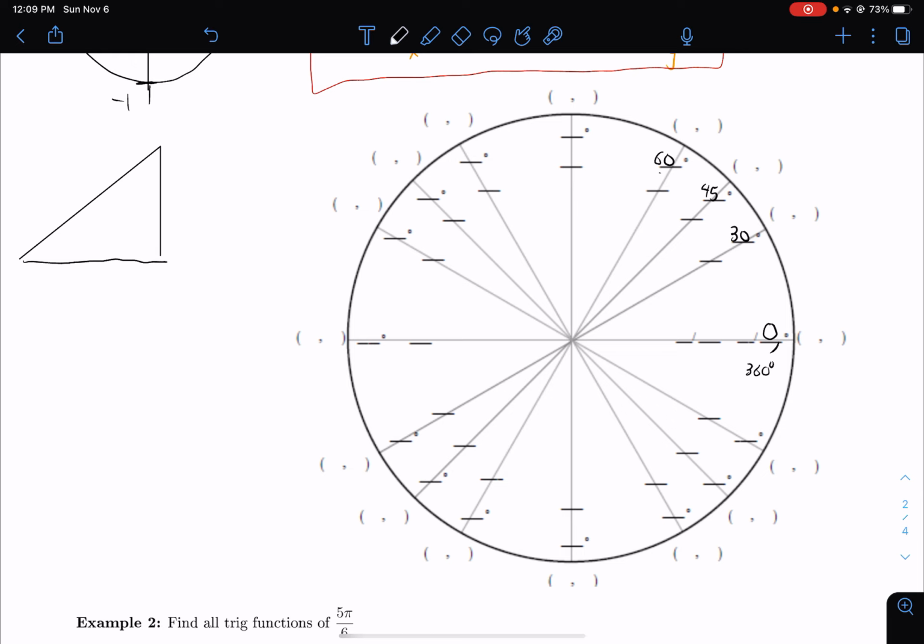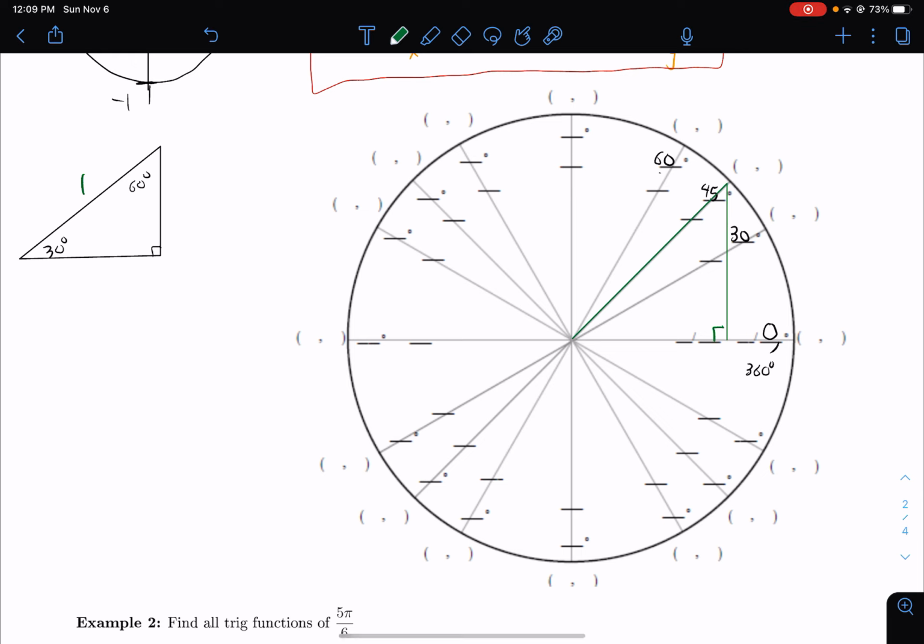Okay, so this first one is going to be where this angle is 30. And if that angle is 30, this one's 60. And this is a unit circle, which means this radius here is like the hypotenuse of a right triangle like this. So that hypotenuse is going to be 1. And the next triangle I was looking at is if this radius is like this, making a 45 degree angle.